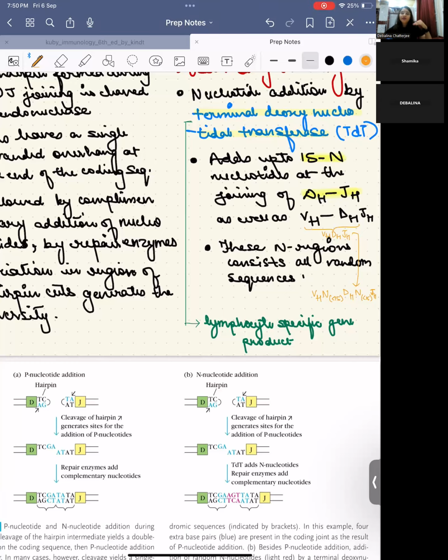It's only that the transcript that now forms will lack a hydrophobic region, and the antibody with the same specificity is going to come out in secretory form so that it can bind to the antigen on its own, which is not present on a cell, because the cell has got the instruction to make the secreted form of the antibody so that it can reach elsewhere in the blood. Antibody in secreted form is never formed if there is no antigen.